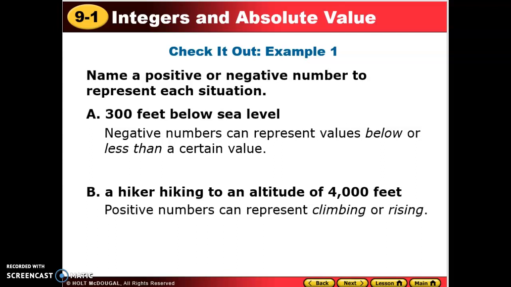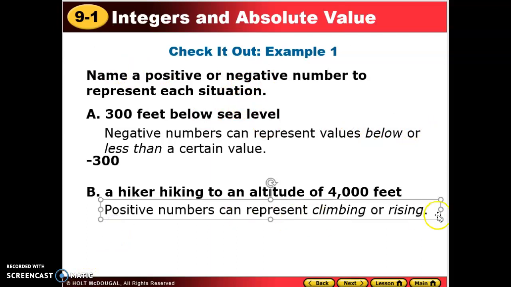So 300 feet below sea level, you would write -300 feet. And the opposite of below sea level, if you are climbing or rising: a hiker hiking at an altitude of 4,000 feet. That's above sea level. So that would be a positive 4,000.